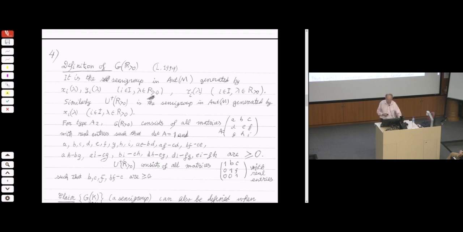And this U plus, they are upper triangular matrices with the same type of properties. So again, each element and each 2x2 minor is greater than or equal to 0.